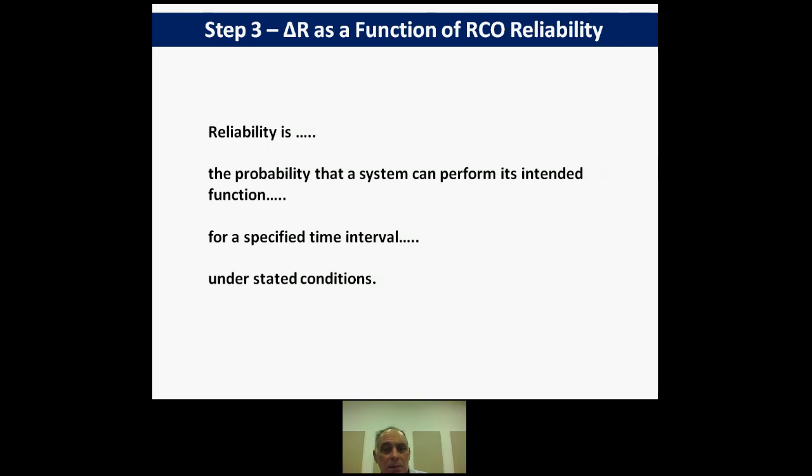It could be some sort of equipment, individual components of a system, in other words, some machinery or equipment which comprises, when we put it all together, the reliability of the system. In other words, we're in a position to evaluate the reliability of the risk control option in order to be able to evaluate the risk reduction the risk control option offers.